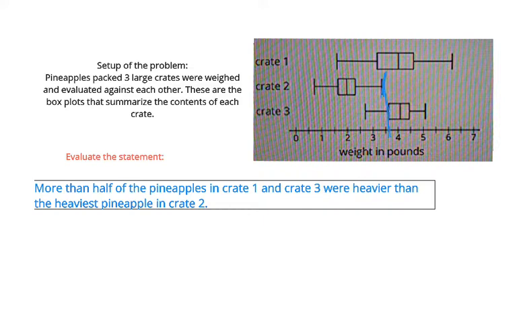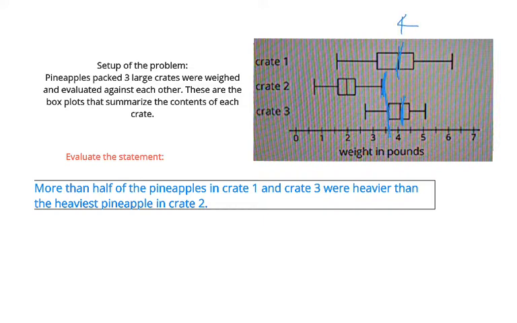If we use that as a starting point, we then look at what all these lines on a box plot mean. The center line in the middle of the box is the median in each of these whisker plots, and we already know that the medians for crate 1 and crate 3 are tied at 4 pounds.